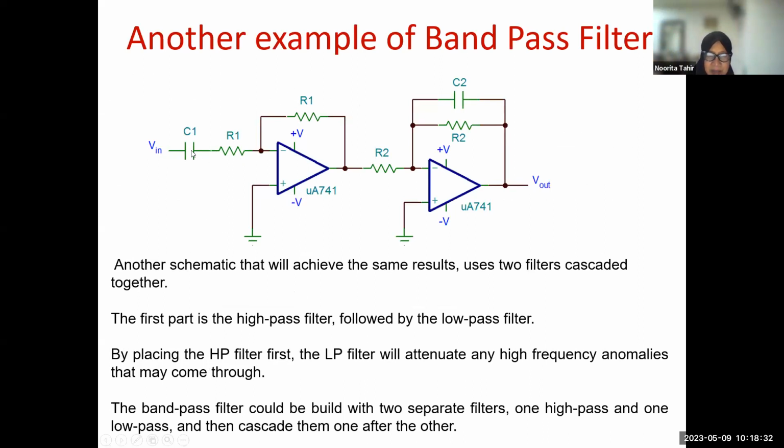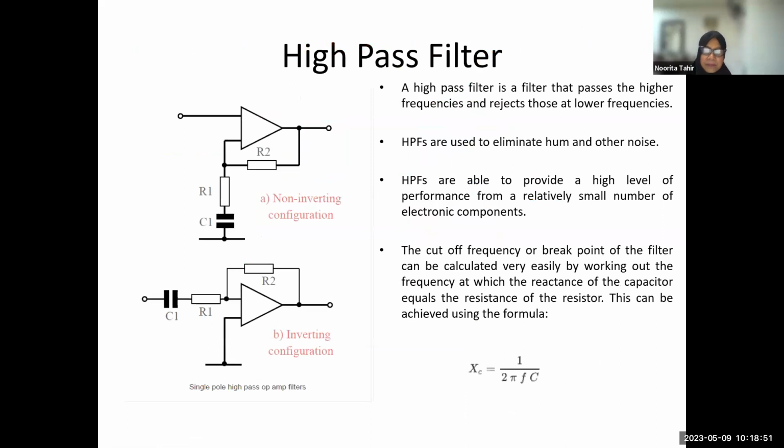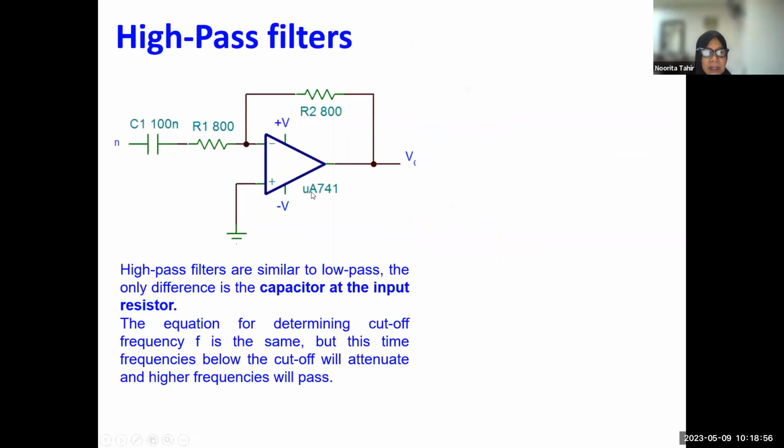Remember this: when you have a capacitor and resistor in series at the input voltage, this is high pass. This is the low pass. So the high pass followed by the low pass, and when we cascade both of these, we will have a band pass filter. This is the high pass filter.